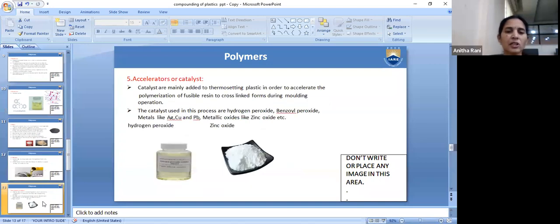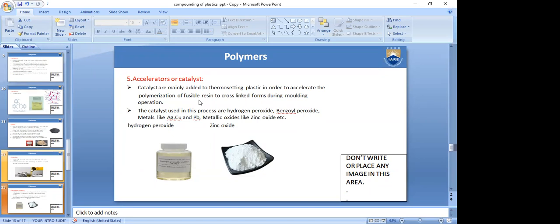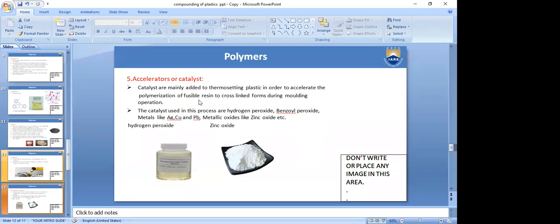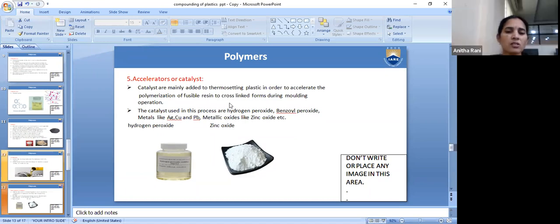Next, catalyst. Why are we adding a catalyst? To accelerate the conversion of fusible resins to cross-linked forms.